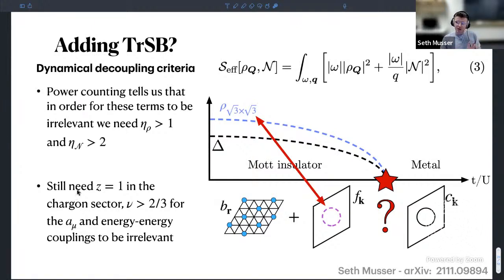And the same arguments for the irrelevance of A mu and energy-energy couplings will go through in this setting. So we still need z equals 1 in the chargon sector, and we still need nu greater than 2/3. So these are all the things we need to make sure these additional couplings don't spoil this kind of coincident transition.